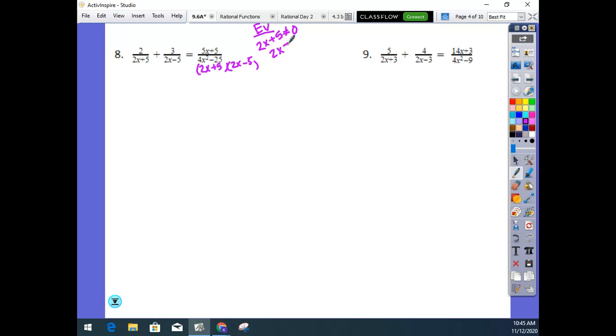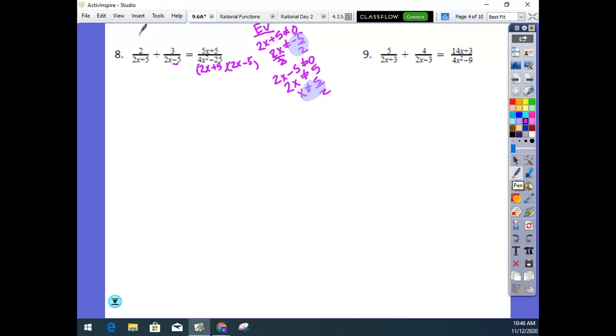So I'm going to subtract 5, divide by 2. So x cannot equal -5/2. Then we also have to look at 2x minus 5 cannot equal 0. So solve for x. So my two excluded values are -5/2 and 5/2. Those are the two answers we can't use.